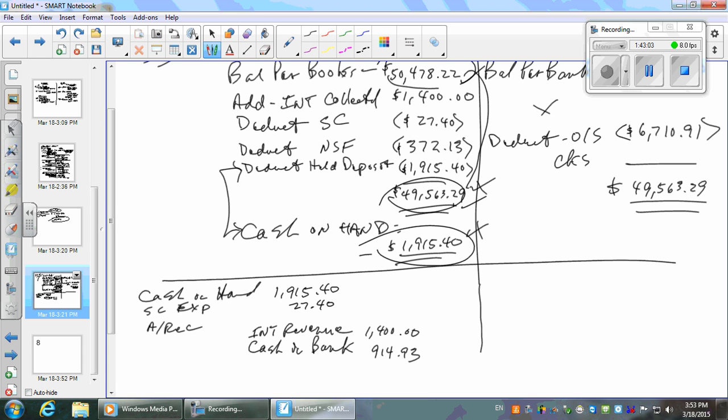Debit service charge expense, bank charge expense, something like that. And then the NSF check goes to receivables, doesn't it? 372.13. Add up the debits, add up the credits, make sure debits equal credits. Do they? Yes, they do. Okay. We're brilliant.